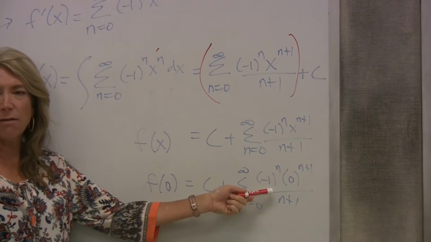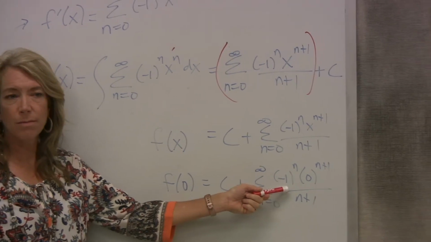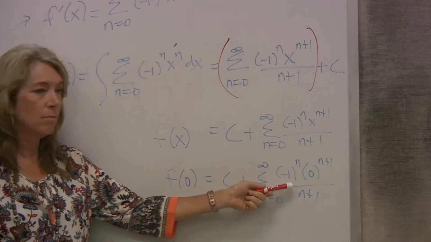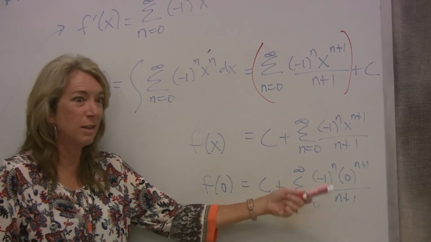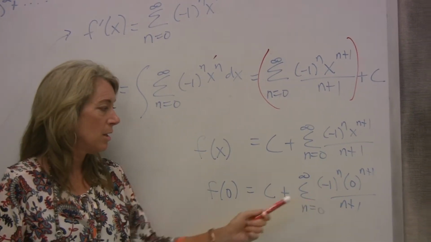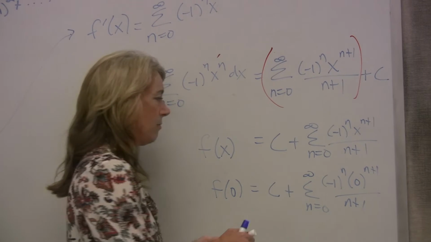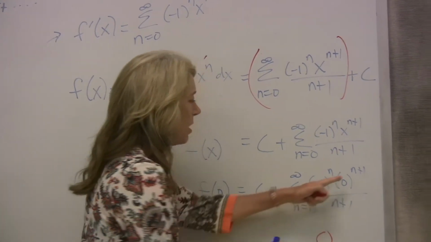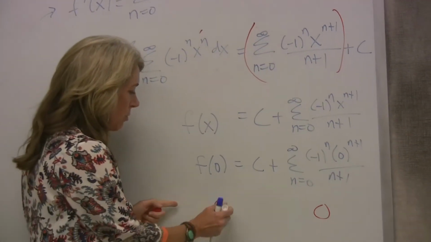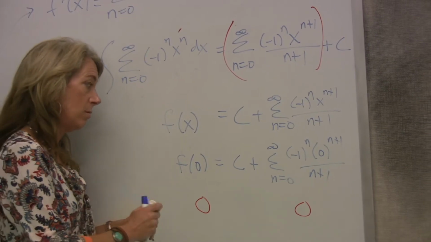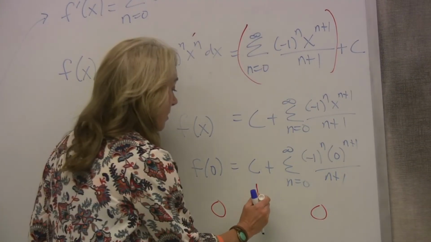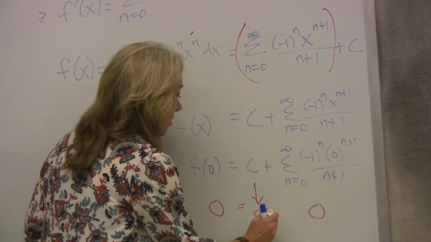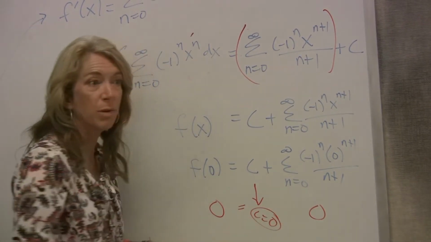What does that tell me every term equals? 0, right? Every term's going to be 0. 0 plus 0 plus 0 plus 0. So what does c have to be then? If this part all adds up to 0, we know this part all adds up to 0. c better be 0, otherwise this won't be true.